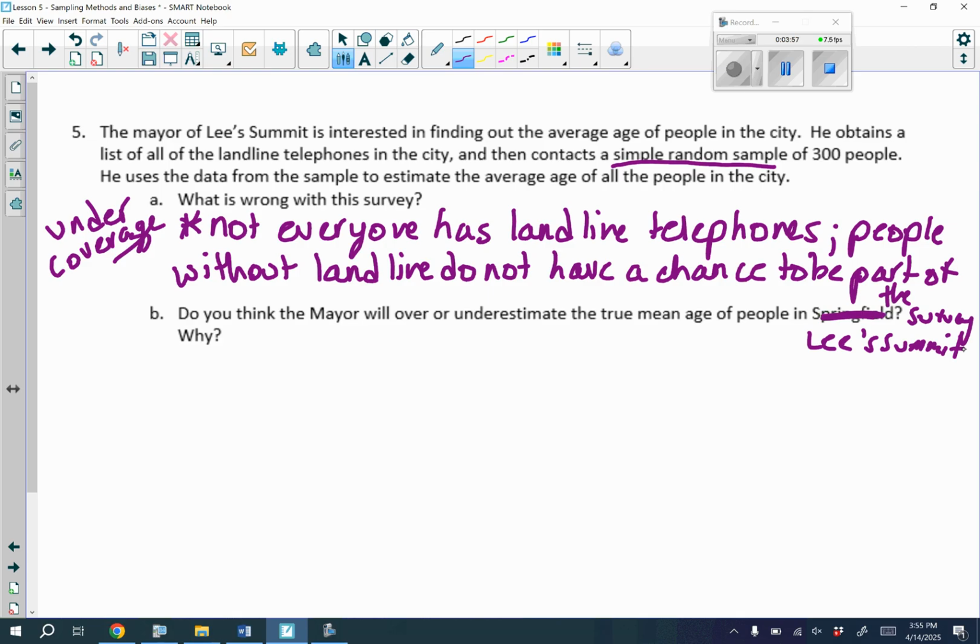Let's think about this. If he's probably just having people with landlines, that's probably going to be the older group. So it looks like the mayor could overestimate the true mean age of the people in Lee Summit, just because probably younger people don't have landlines.